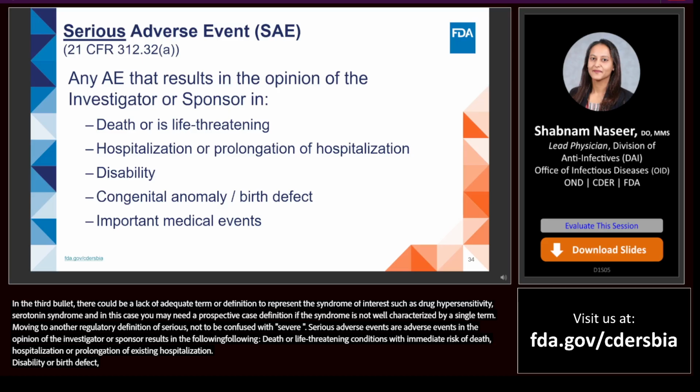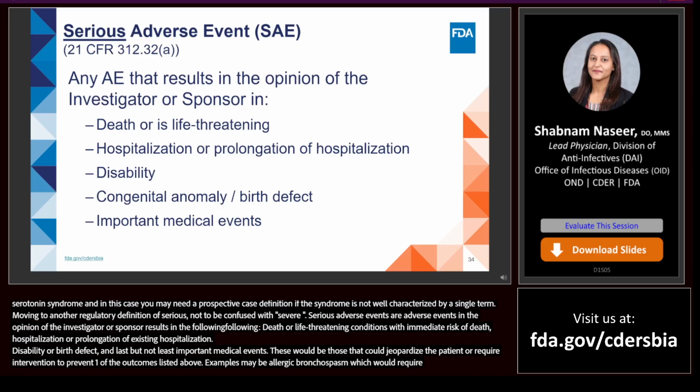And these would be those that could jeopardize the patient or require intervention to prevent one of the outcomes listed above. Examples may be allergic bronchospasm, which would require intensive treatment in an ER or at home.